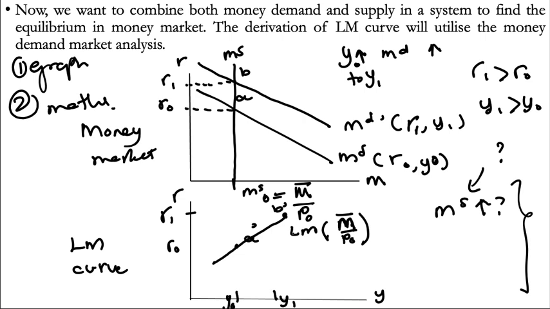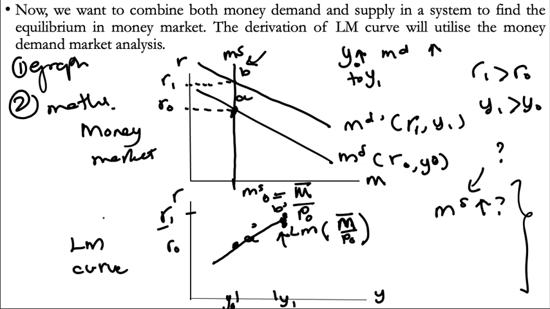For LM, the concept is that it shows all combinations of real interest rate and income in which the money market is in equilibrium. So that means point A prime here is equilibrium in the money market, which is at point A here. Point B prime here is equilibrium in the money market at point B in the first graph, isn't it? So along this line, all combinations of interest rate and income show us equilibrium in the money market.